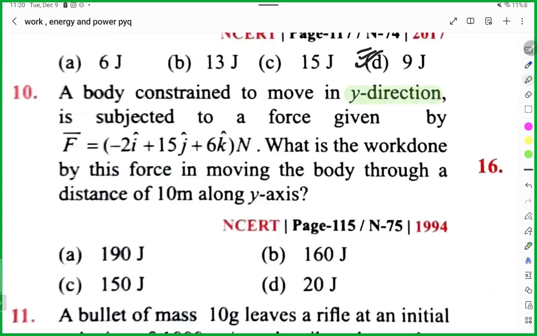What is the work done by this force in moving through a distance of 10 meters along the y-axis, subjected to the force this? Sir, option C. Okay, it's 150.